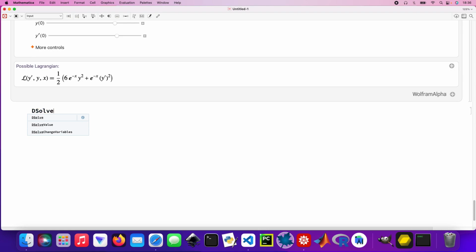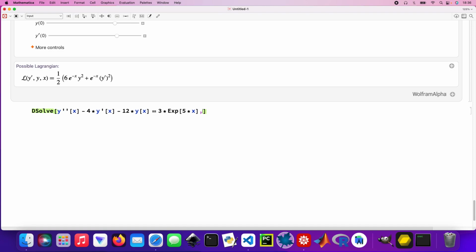So DSolve, and that's going to be y double prime of x, minus 4 times y prime of x, minus 12 times y(x), and then that's equal to 3 times exponential of 5 times x.